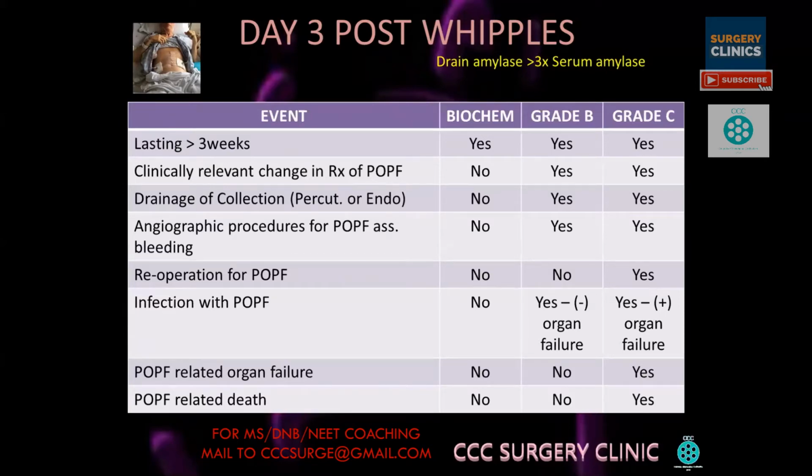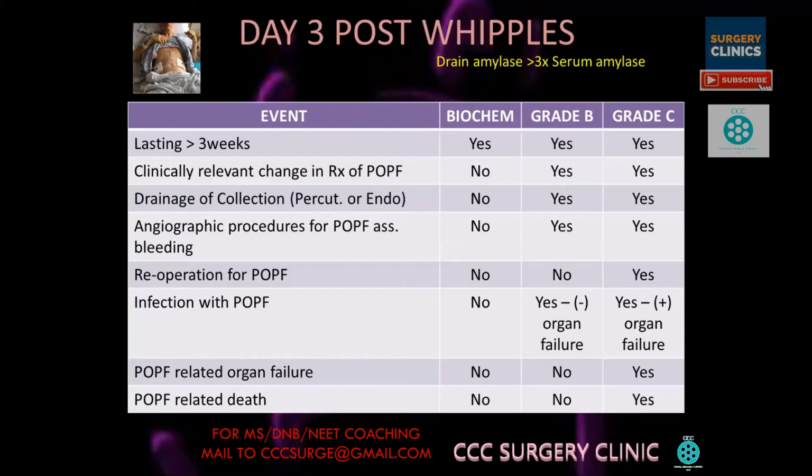Is there a clinically relevant change in the treatment of the post-op pancreatic fistula? For a grade A or a biochemical leak, no. For a grade B, yes, because you need to consider drainage, and definitely for a grade C, where you sometimes need to consider intervention. So is there a chance of drainage of a collection, either percutaneous or endoscopic?